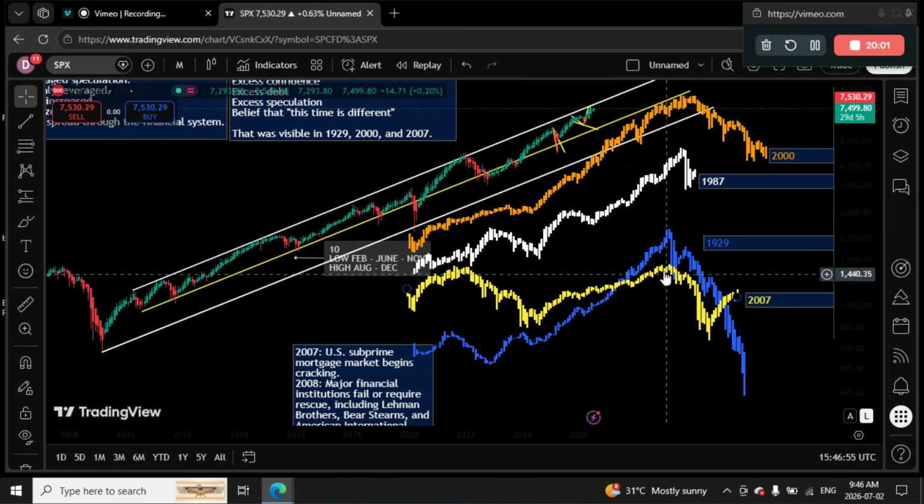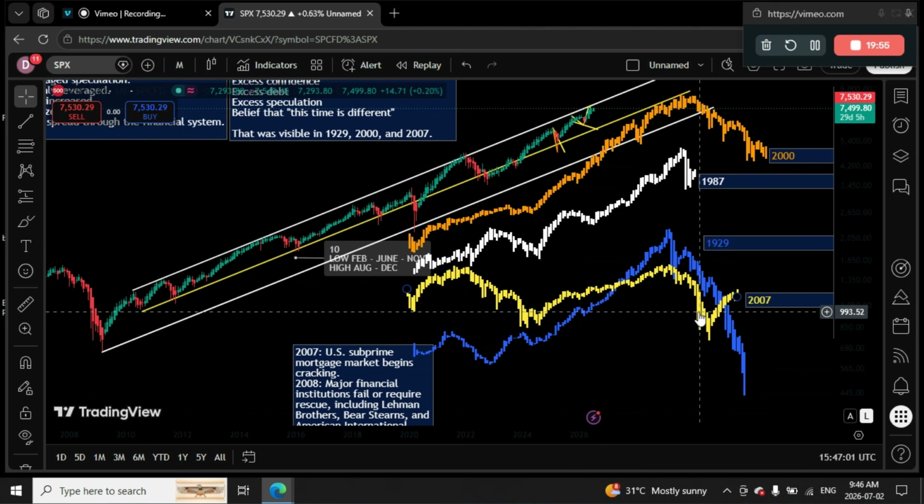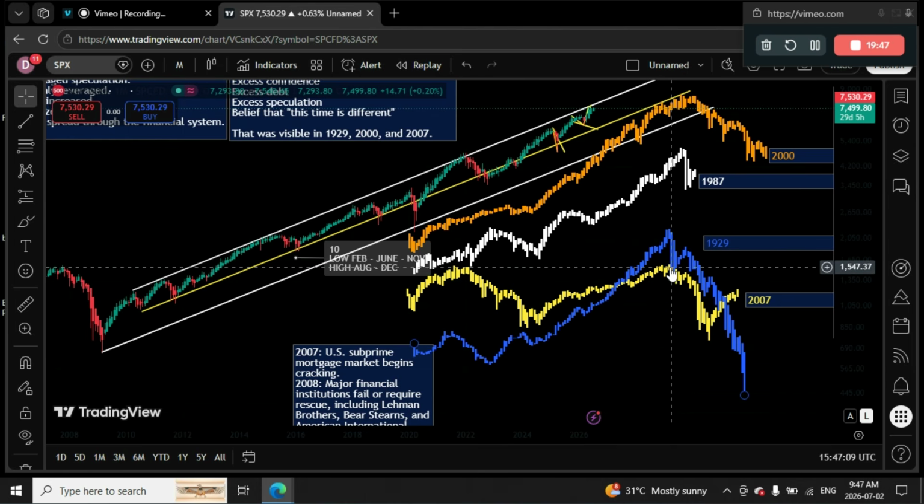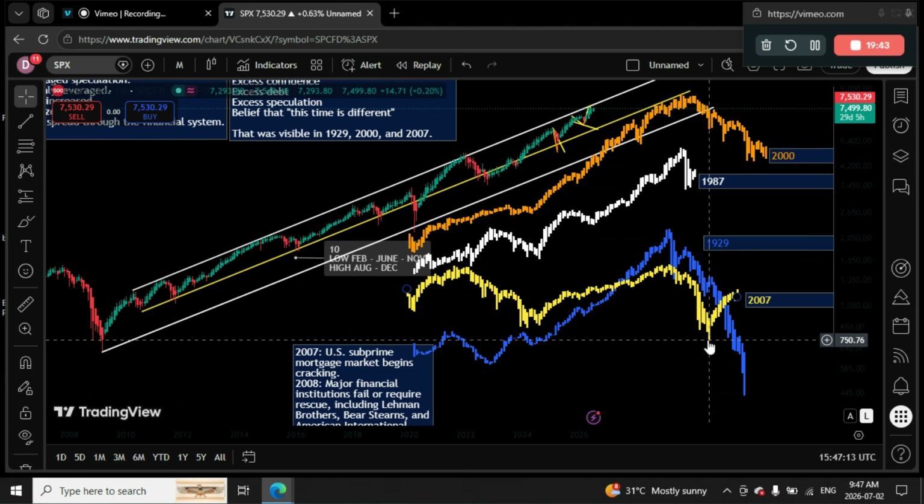And of course, that's what happened in 2007, that housing crisis, and stocks across the board plummeted before recovering in a couple of years after, or a year after, our major top.